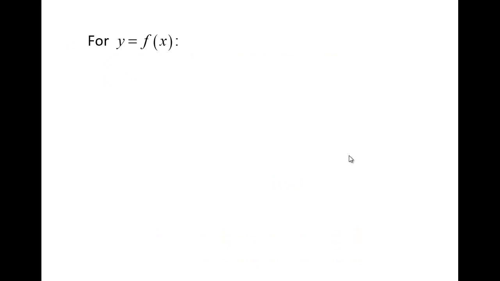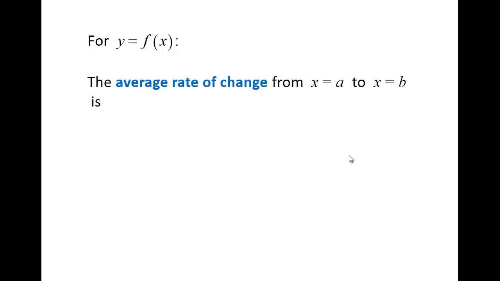Okay, so again, for y equals f of x, let's just say f is any function. The average rate of change of the function f from x equals a to x equals b is given by f of b minus f of a over b minus a.